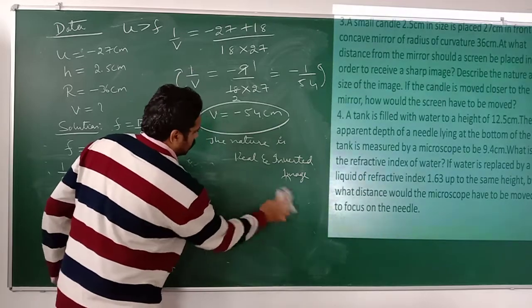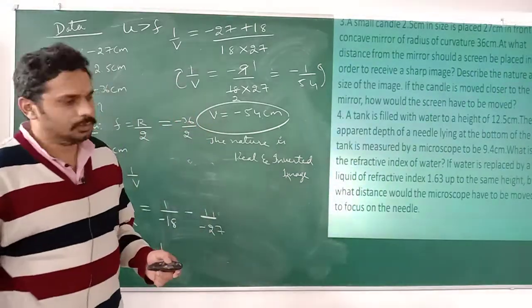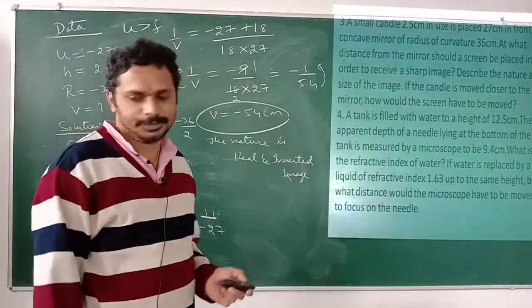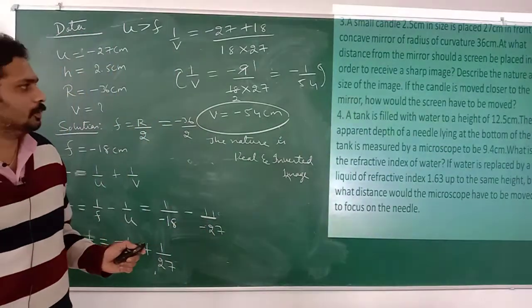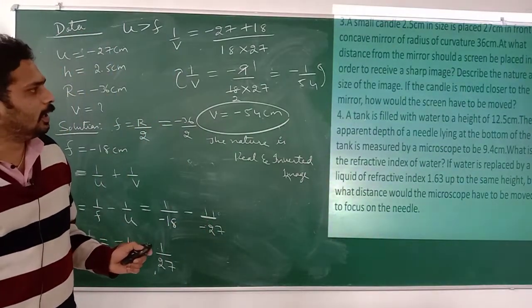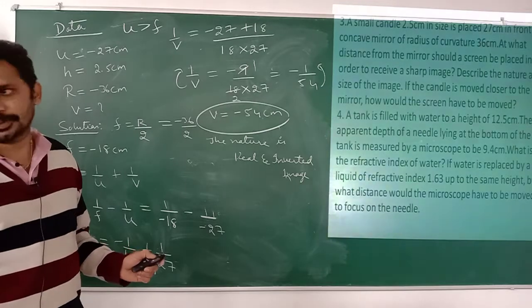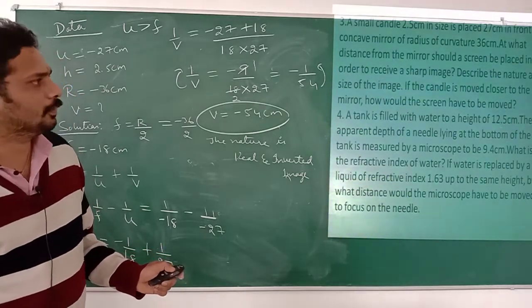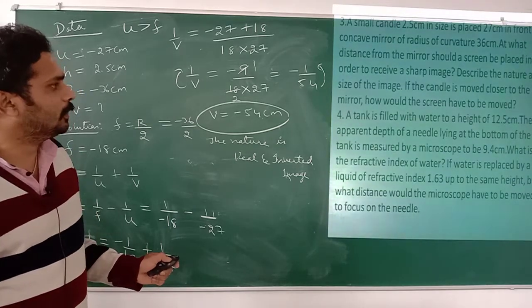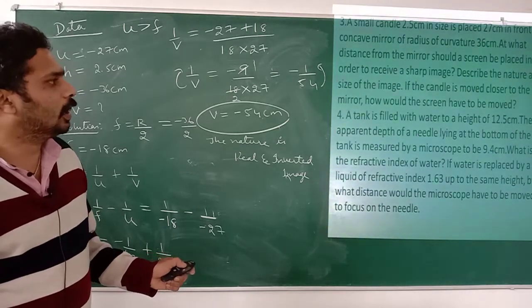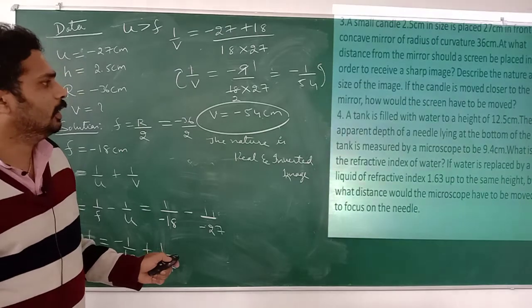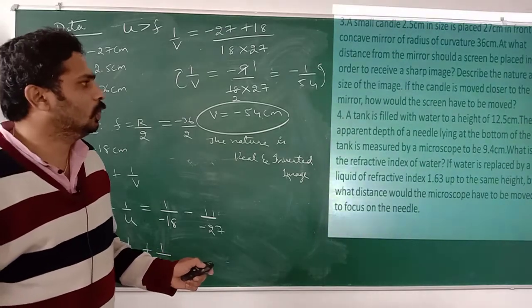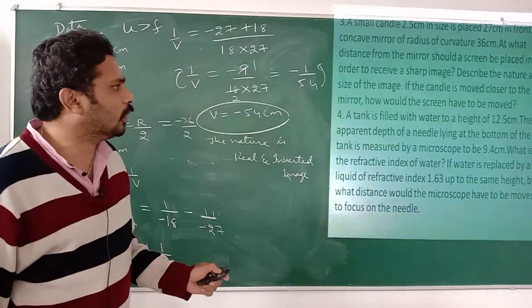It's clear? Now we'll move on to the fourth numerical. The fourth numerical is: a tank is filled with water to a height of 12.5 centimeter. The apparent depth of a needle lying at the bottom of the tank is measured by a microscope to be 9.4 centimeter.